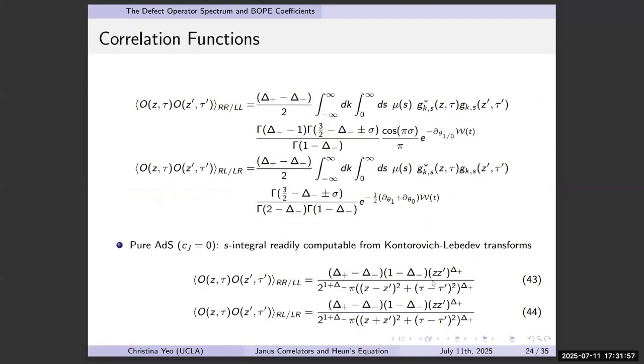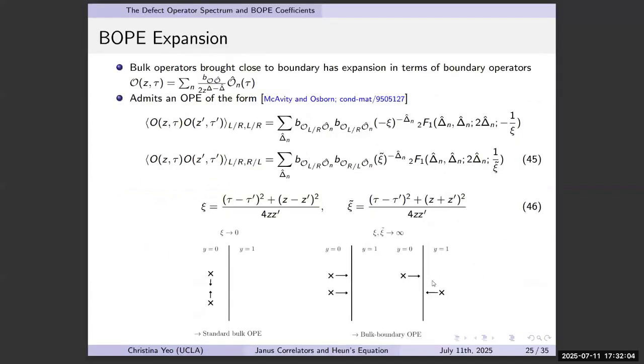We were here. Okay, so that's the trivial case, but now we want to look at the non-trivial defect. In that case, the S integral isn't readily computable, so it's a little trickier, but we can read off the data that we want with some foresight. There's this thing called the boundary operator product expansion. If you take a bulk operator and drag it really close to a boundary, you can expand it in terms of the boundary operators, because it becomes indistinguishable from the excitations on that boundary.